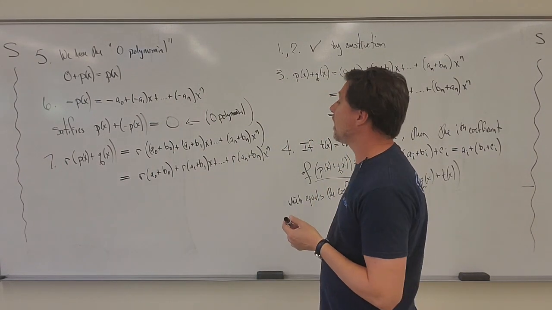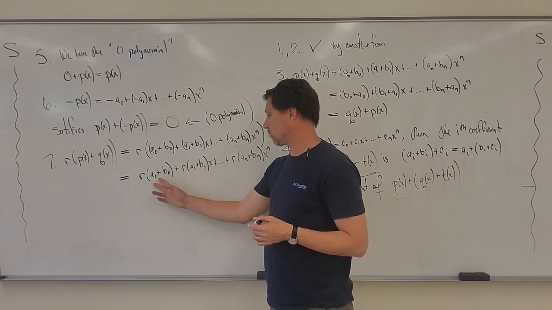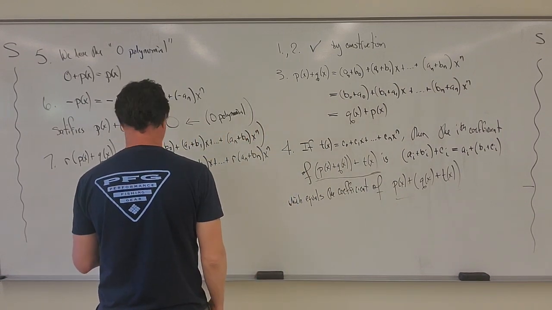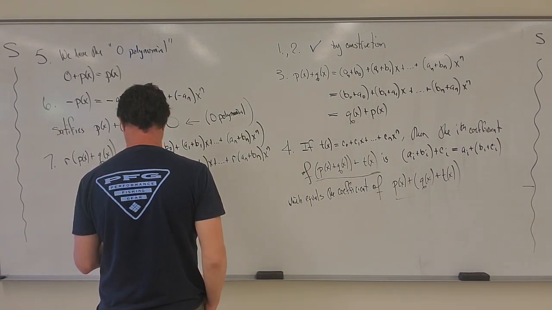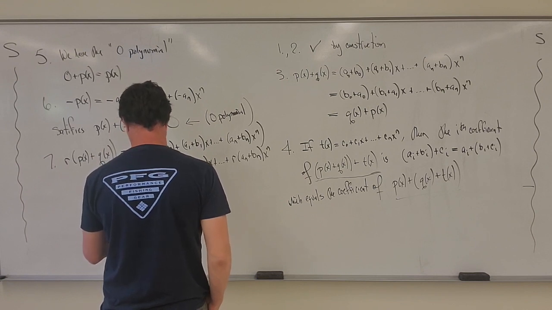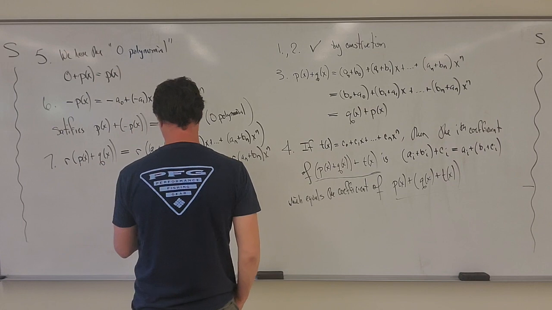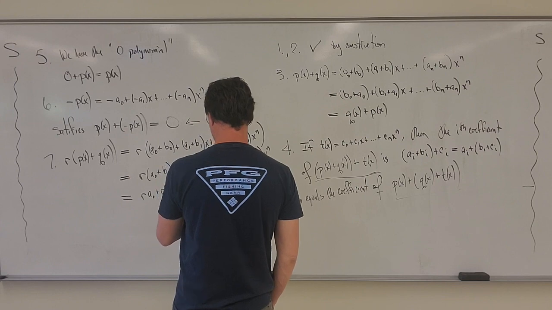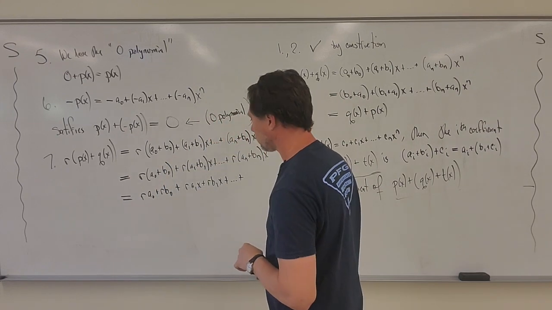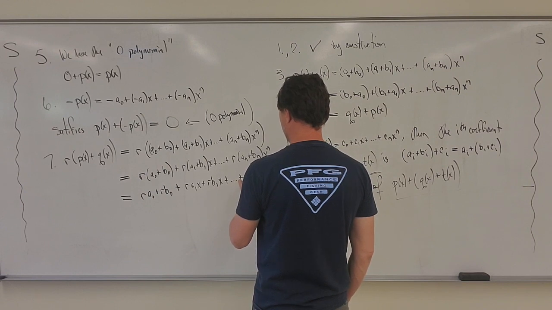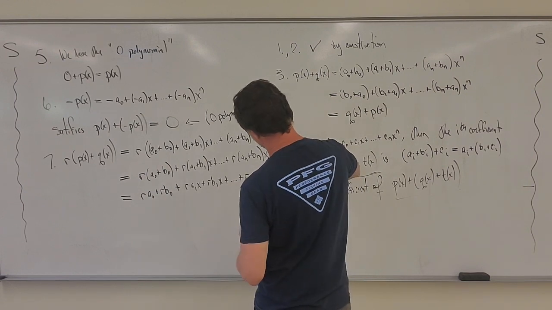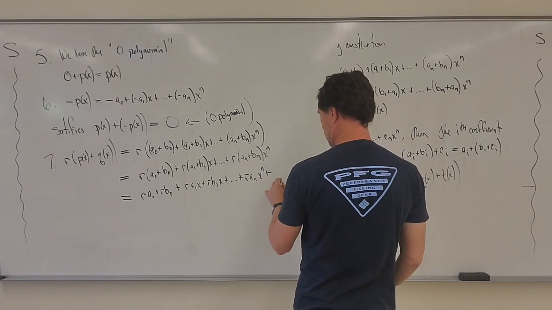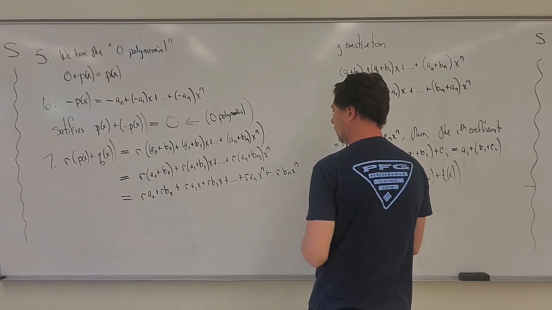Now I want to use the fact that real numbers satisfy a distributive property, right? The operations of multiplication and addition of real numbers satisfy the distributive property. So this is r a0 plus r b0 plus r a1 x plus r b1 x plus dot dot dot plus r an x to the n plus r bn x to the n.